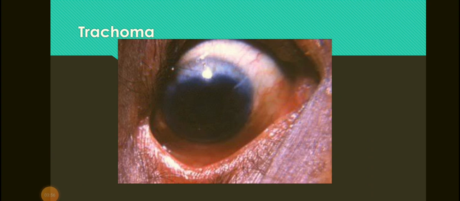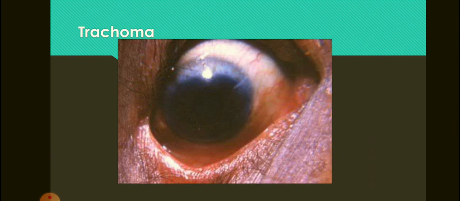If the person has symptoms of trachoma, then at first mild itching of the eyes can be seen with irritation of the eyes as well as eyelids. Then there will be pus draining from the eye. We can see follicles on the bulbar conjunctiva.